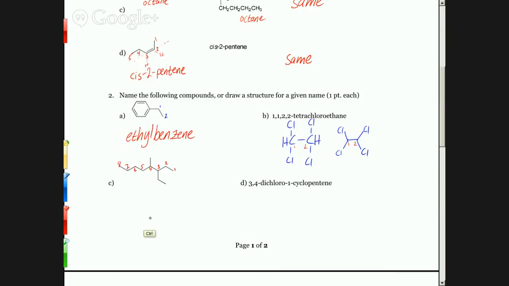And then that's going to be what, octane? And then we have a 2-carbon substituent on 3 and a 1-carbon substituent on 4. So that gives us 3-ethyl-4-methyl octane.